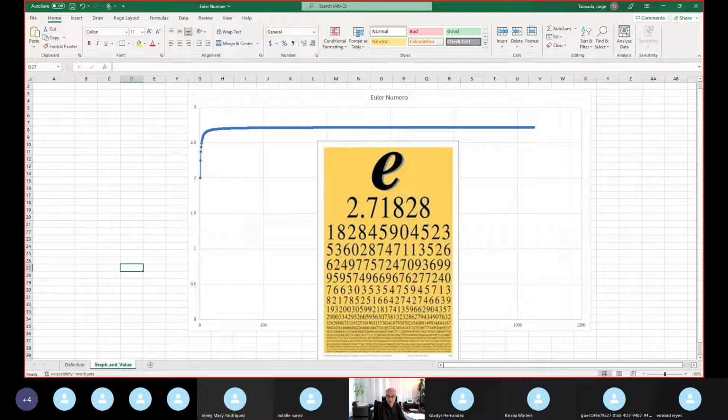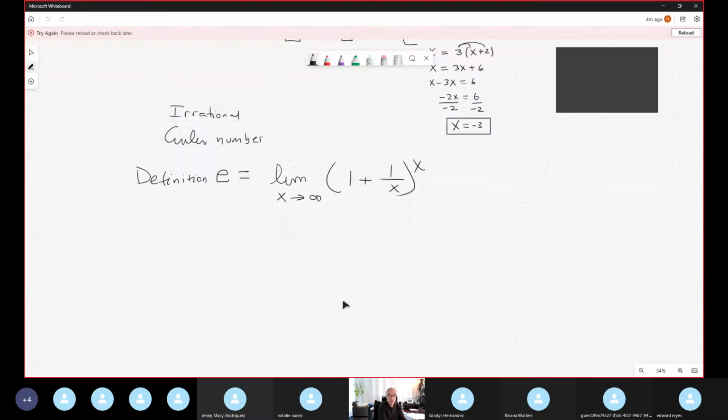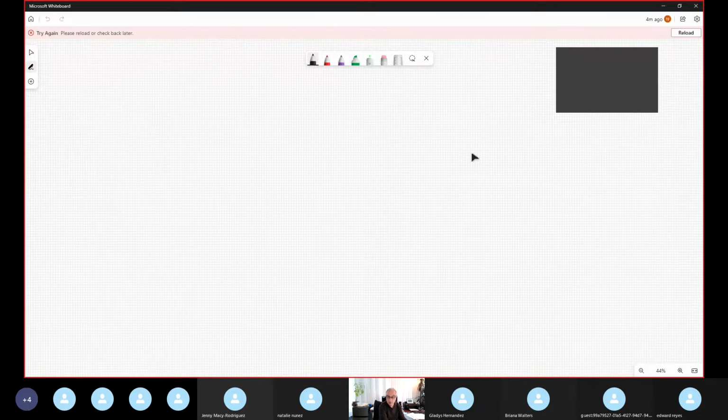Okay, now we are ready to use it a little bit. Not too complicated, but a little bit. Suppose a couple of problems involve e somehow. Example 9 and example 10.